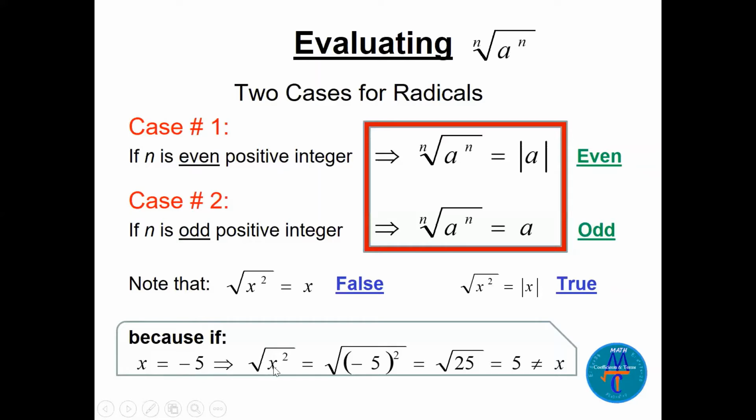Replace here minus 5, all squared. Now, minus 5 squared, with the brackets, is 25. Square root of 25 is 5. This is not x, because x was minus 5 given at the beginning. The answer here is only 5, which means the absolute value of minus 5. Please be careful about this slide.